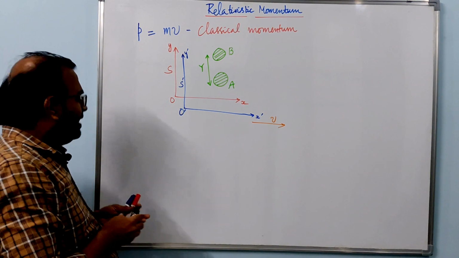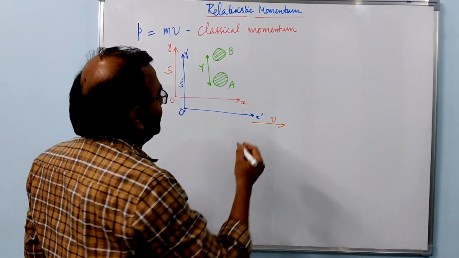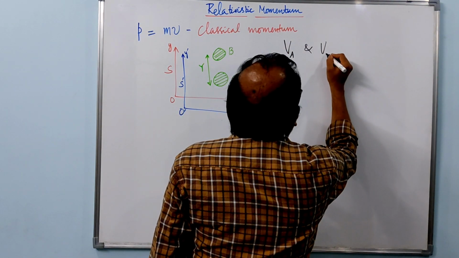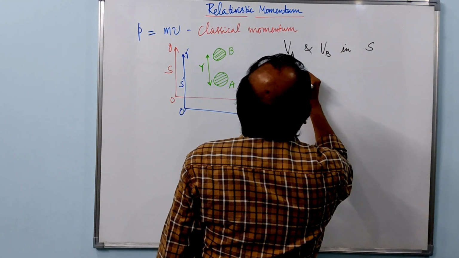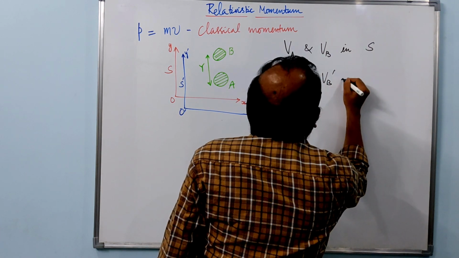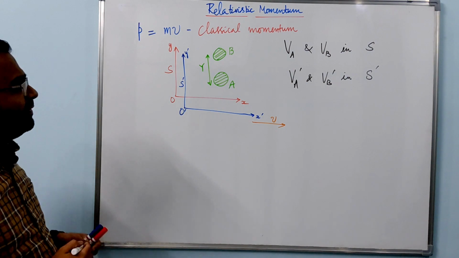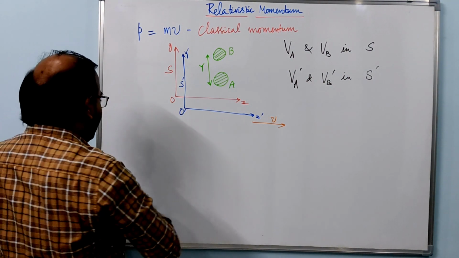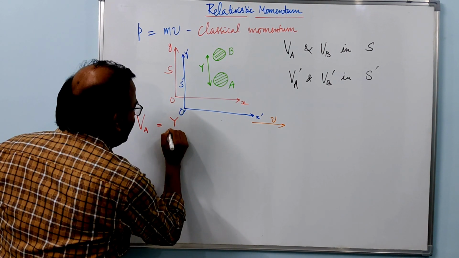If the velocities of these two objects are, let us say, VA and VB in S, and VA prime and VB prime in S prime, then we can write an expression for velocity VA, for example, as the distance traveled divided by the time taken.